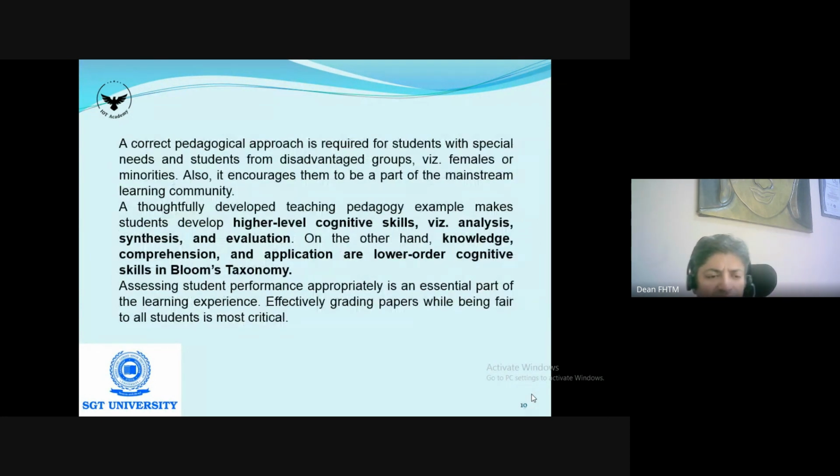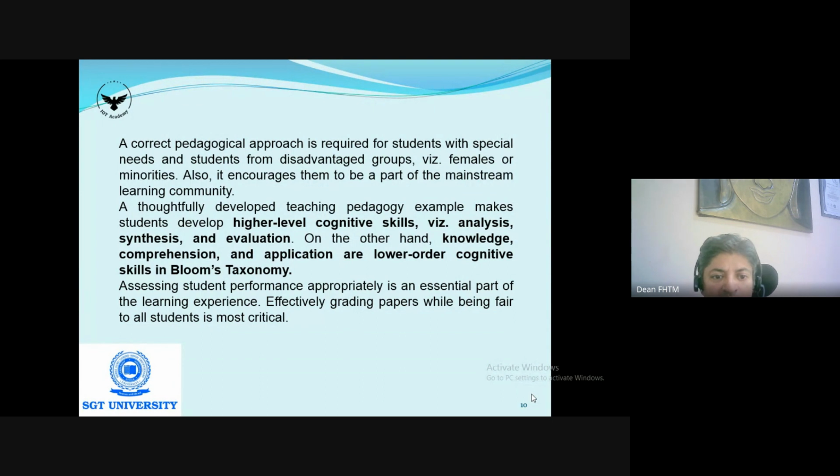A correct pedagogical approach is required for students with special needs, disabilities, or coming from disadvantaged groups. Communication levels are low, females or minorities, some tribal backgrounds where they don't find themselves fitting into the mainstream. So you need to encourage them to be part of the mainstream learning community.